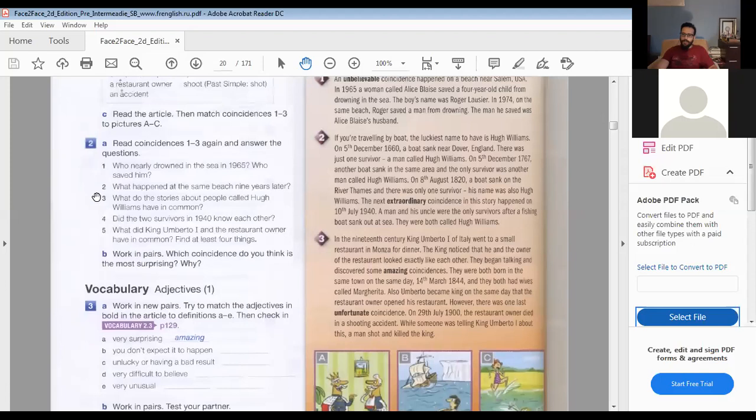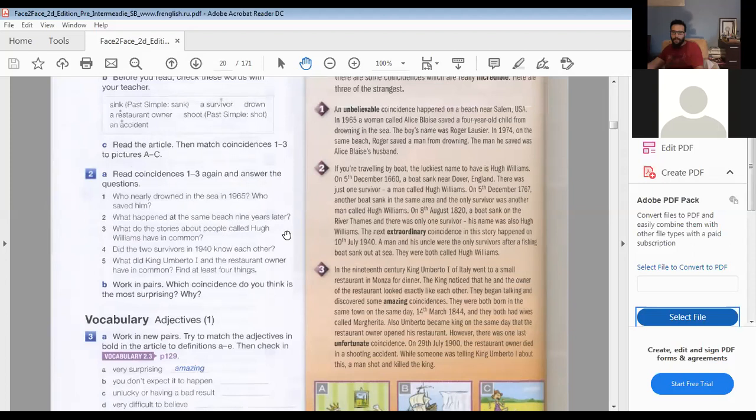So let's see the questions here. The first question says, who nearly drowned in the sea in 1965 and who saved him? Drown is... young child. Yes, child from drowning.